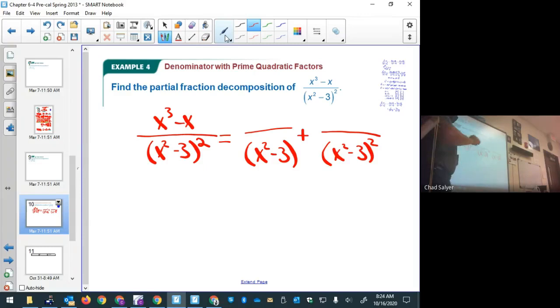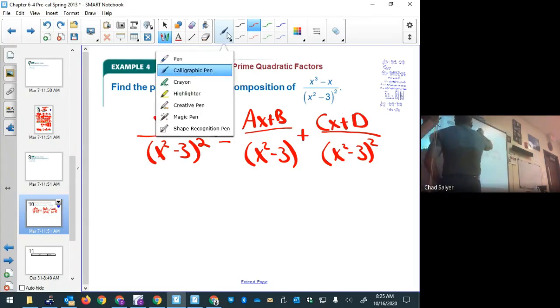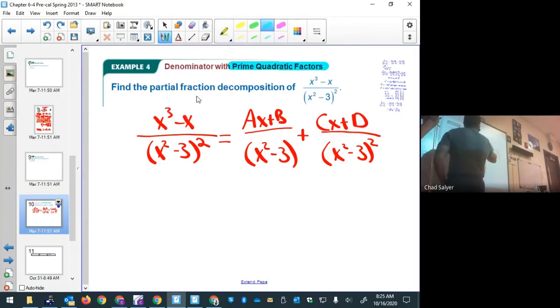And because it is an irreducible quadratic term, I need a linear numerator. So I need two terms in the numerator: Cx plus D. So this case is when you have prime quadratic factors. You need this for the numerator.